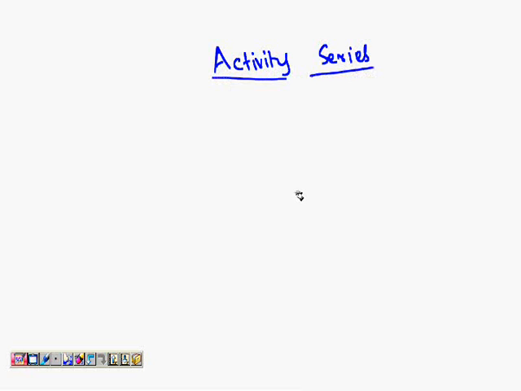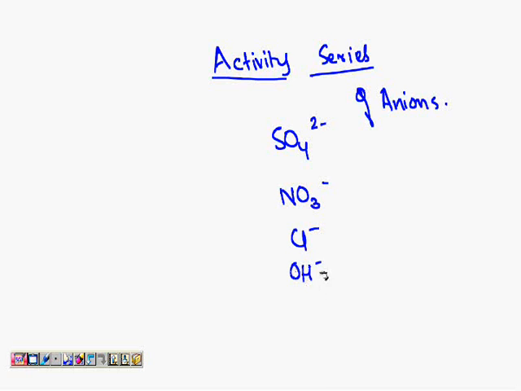Here we have considered the anions, so this is going to be the activity series of anions. Sulfate ion SO4 2 minus will be kept at the top, then nitrate NO3 minus, then Cl minus, then OH minus, then Br, and then I. It means the ones lower down get discharged most easily, and sulfate is very difficult to discharge.